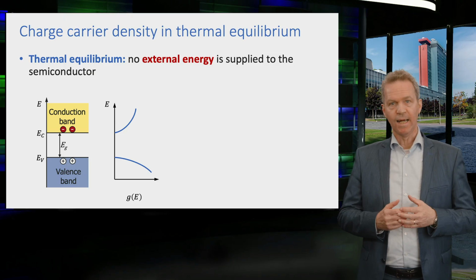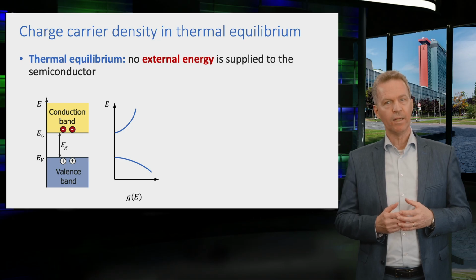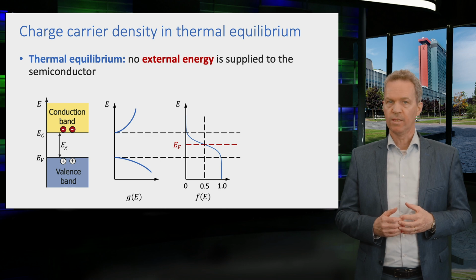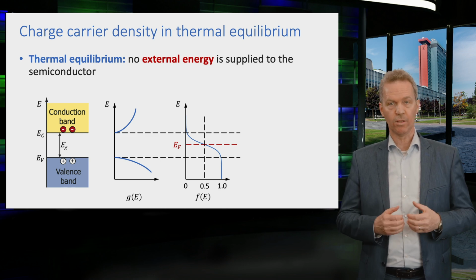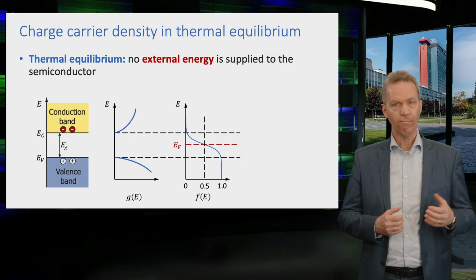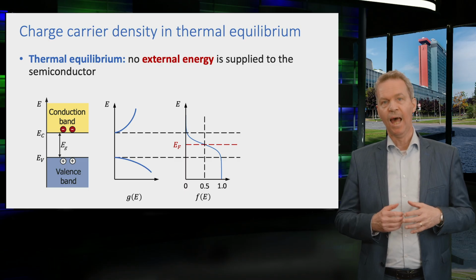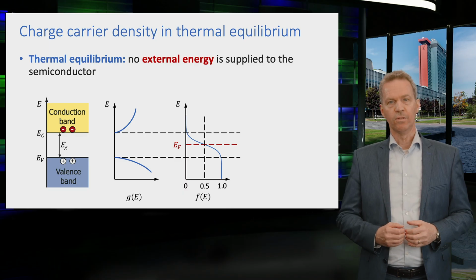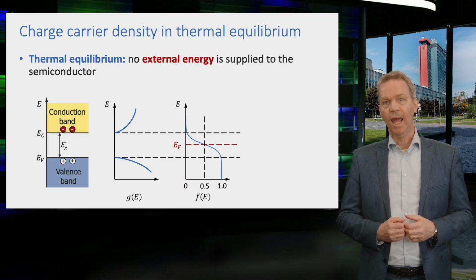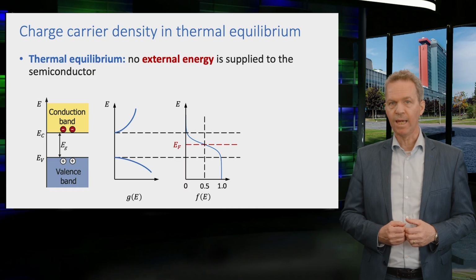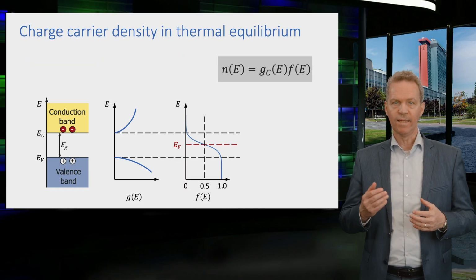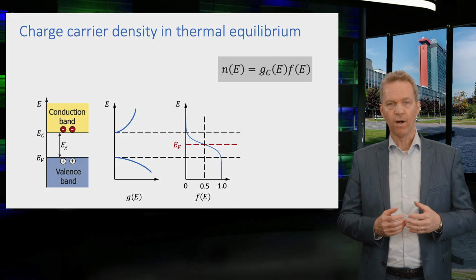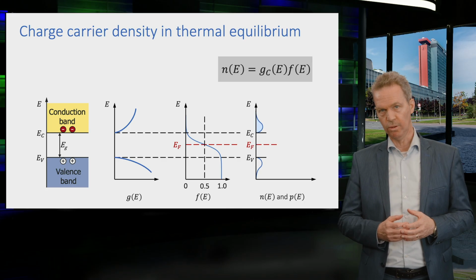The probability that these states are occupied is given by the so-called Fermi-Dirac distribution function. This distribution function is centered around the Fermi level and at a temperature larger than 0 Kelvin has a tail that extends into the bands. The electron concentration as a function of energy in the conduction band can then be calculated by multiplying the density of states function with the Fermi-Dirac function, and we find a drop-shaped distribution.